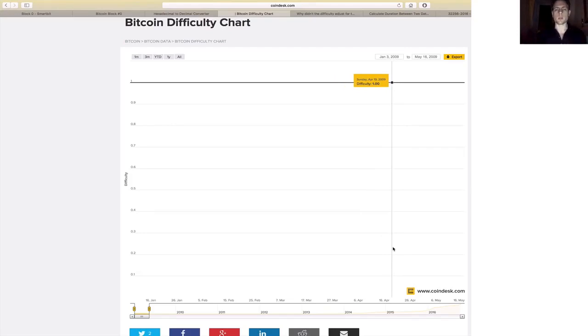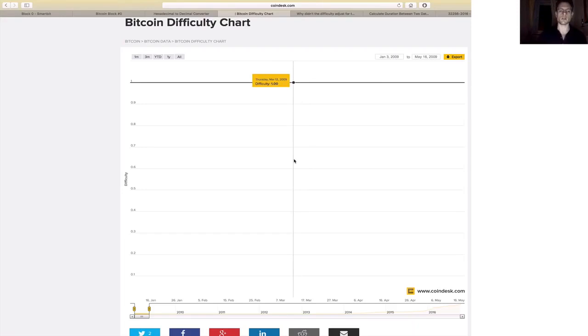And so we look at the amount of time that the last 2016 blocks took to complete, and then we compare that with the time period of 2 weeks, and whatever that ratio is, we multiply by the current hash target to get the new hash target.